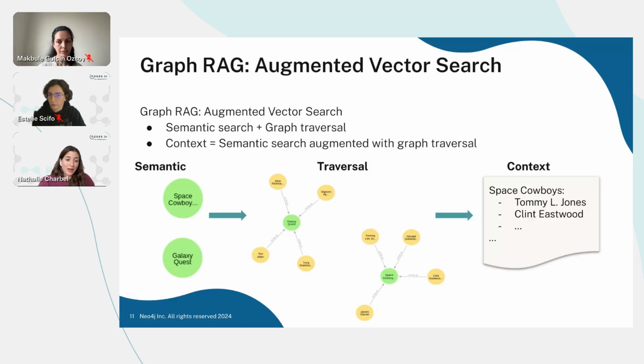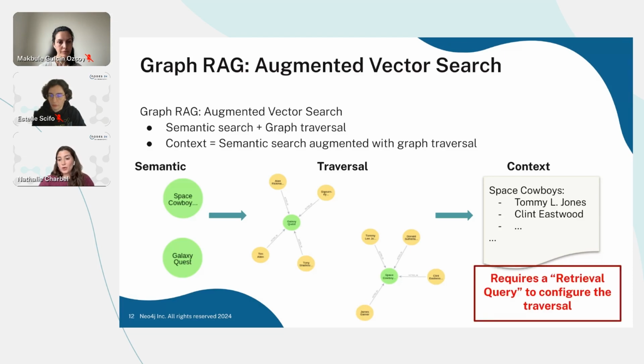With GraphRAG, based on the movie nodes and then using a Cypher query, you can traverse the graph and acquire additional information. In this case, information about actors will be concatenated in the context and provided to the LLM.